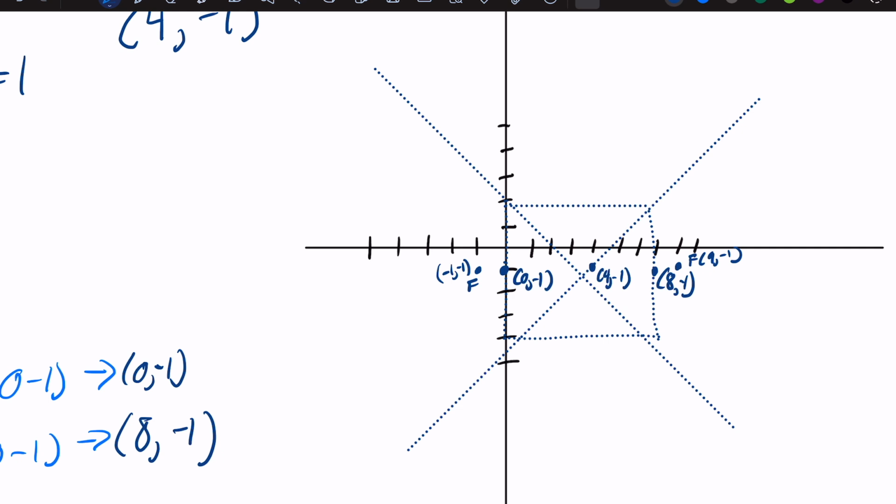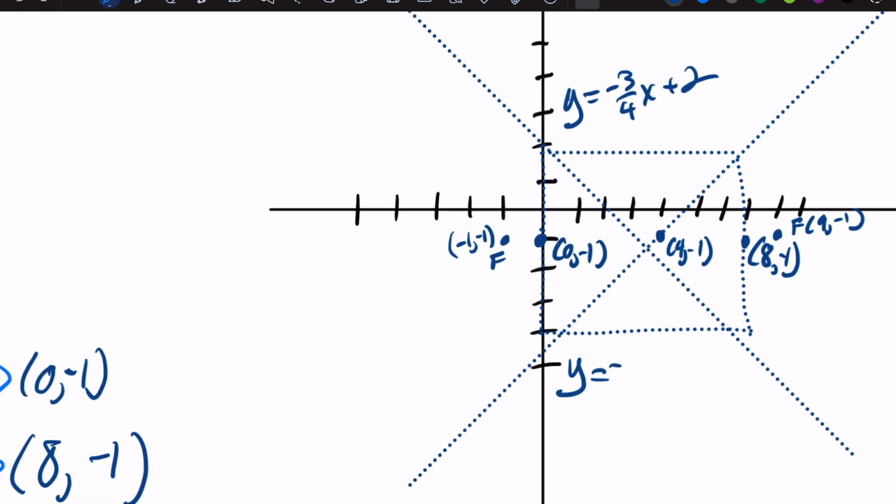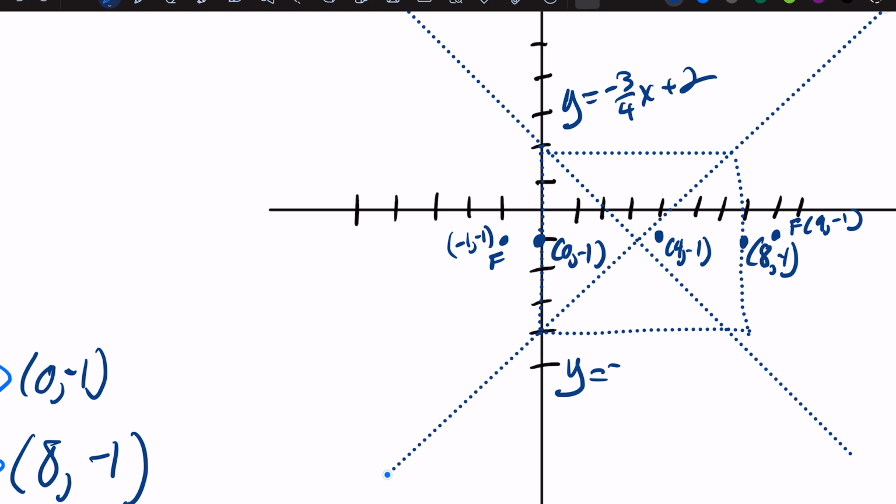That's right. But notice what this is. This is y is equal to minus 3/4 x plus 2. This is y equals, if it went through here as it's supposed to, positive 3/4. There we go.